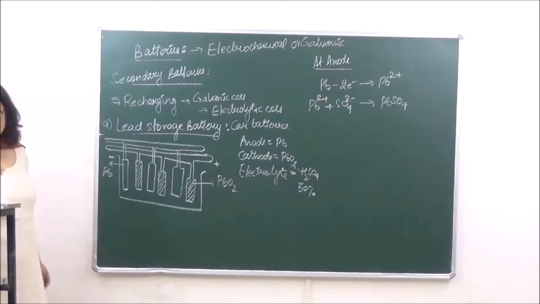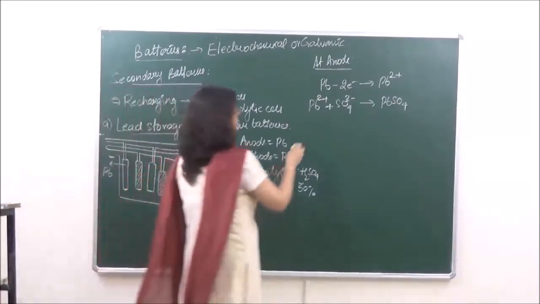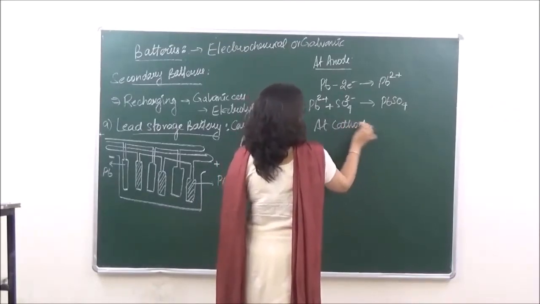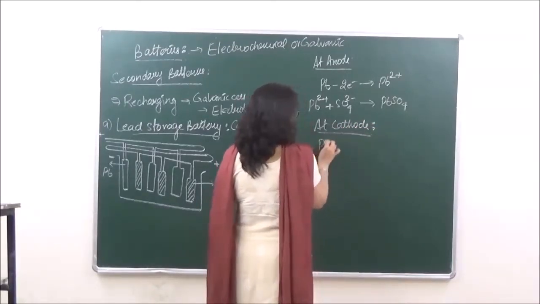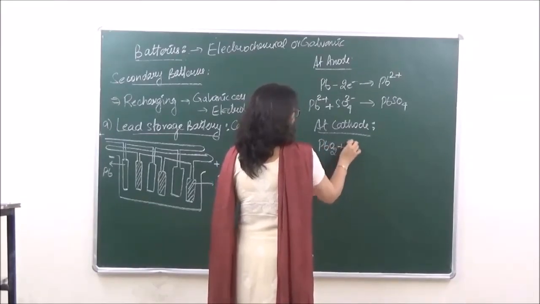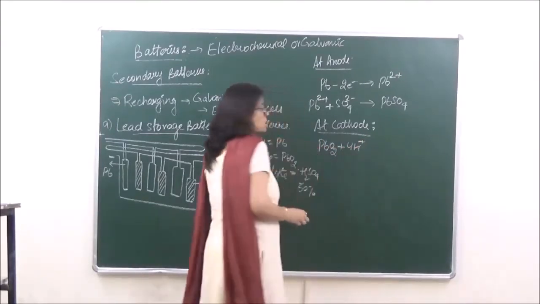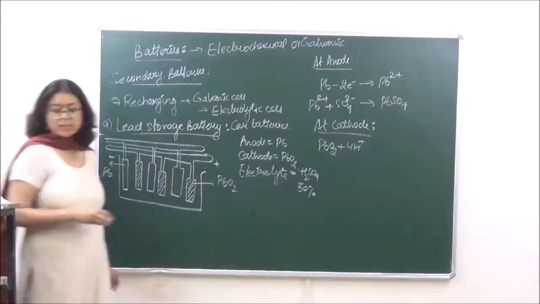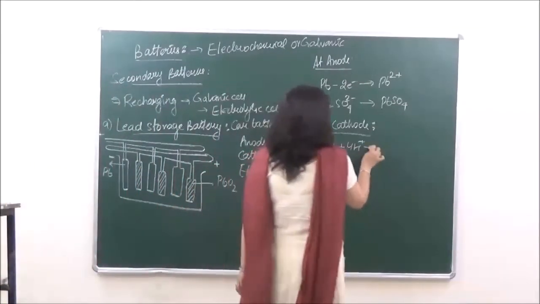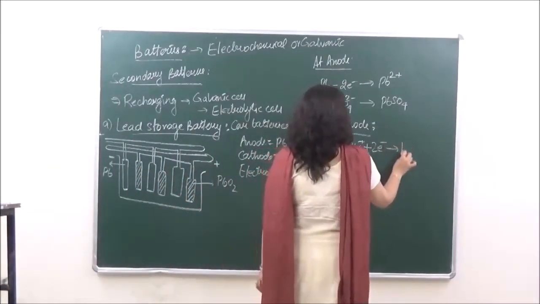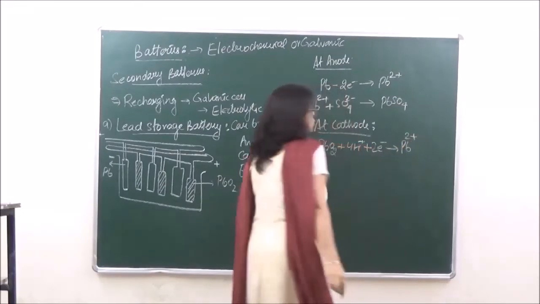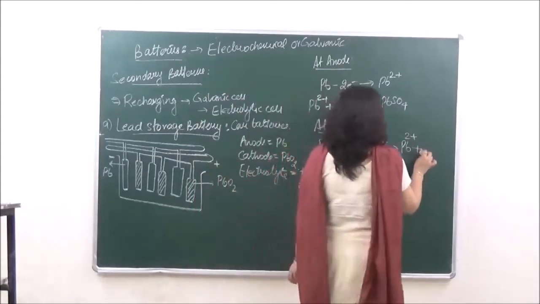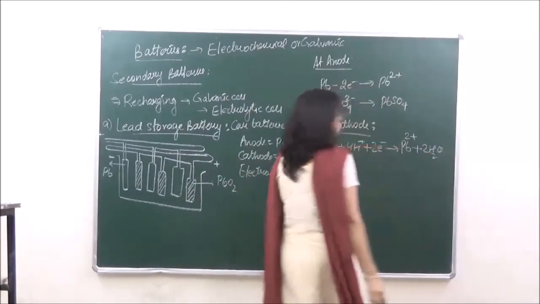At the cathode, the PbO2, lead dioxide, reacts with the H positive ions. Now at the cathode, reduction is going to take place. So we have it to give us Pb2 positive, plus 2H2O.